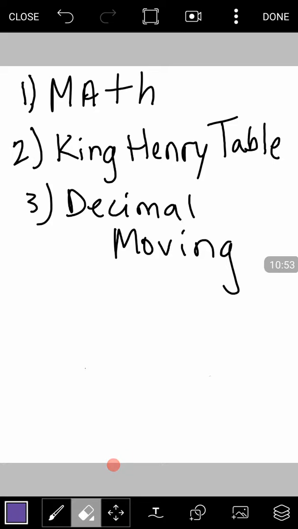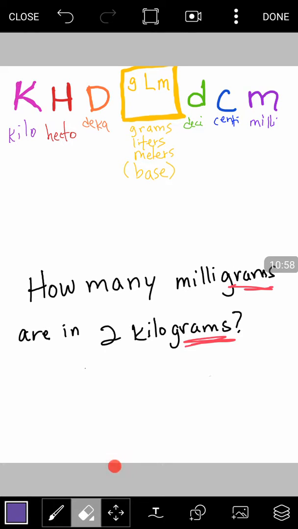Okay, so let's go back to the question and the table. So here's the question again. How many milligrams are in 2 kilograms? All right, so when it comes to decimal moving, you're just going to write the number you're supposed to convert. So we're supposed to convert 2 kilograms.